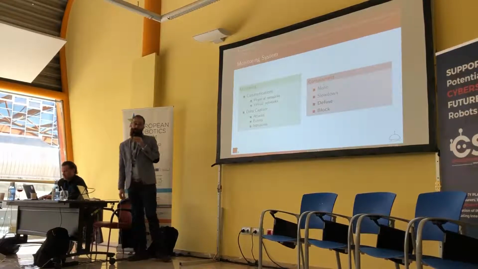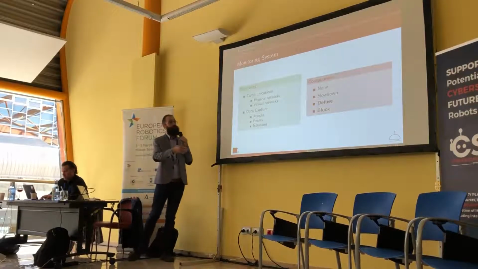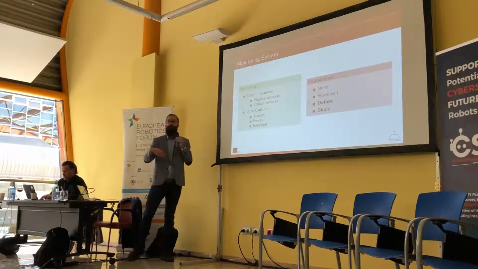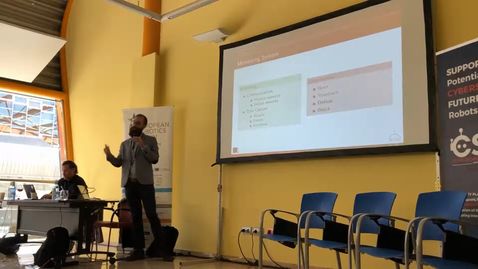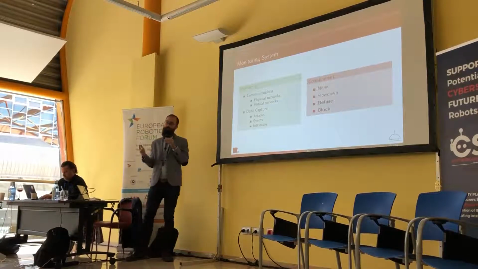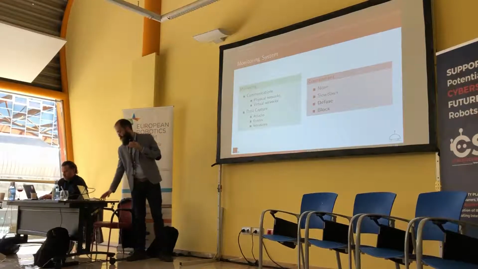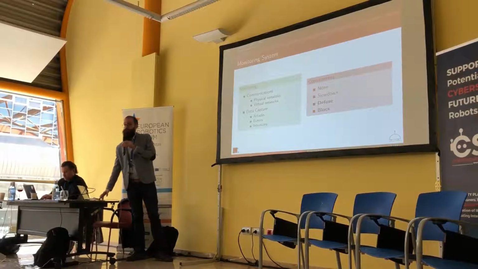On top of this, of course, we need a monitoring system for all the communication and all the data, for any kind of attacks, events, or intrusions that will be happening in the system. After that, because this platform will be attacked, we need to offer containment.